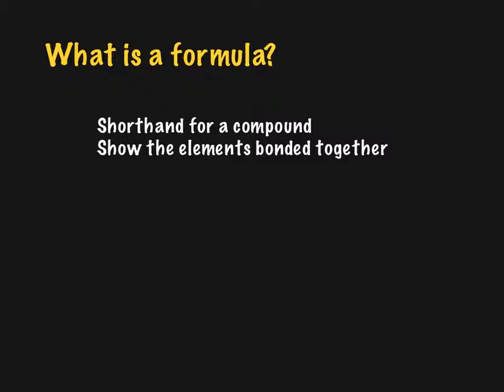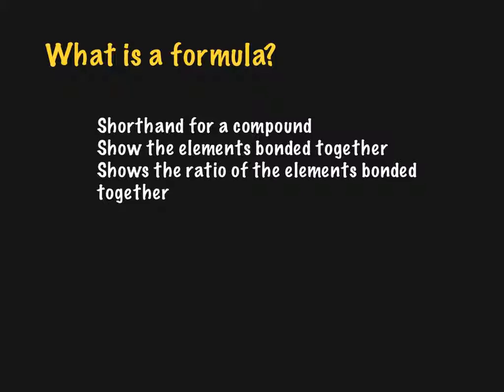Now the shorthand for a compound must use the symbols of the elements involved. And it should also show me the number of elements involved, the ratio, if you like, of the elements being bonded together. And this is the key to understanding the whole idea of formulas.